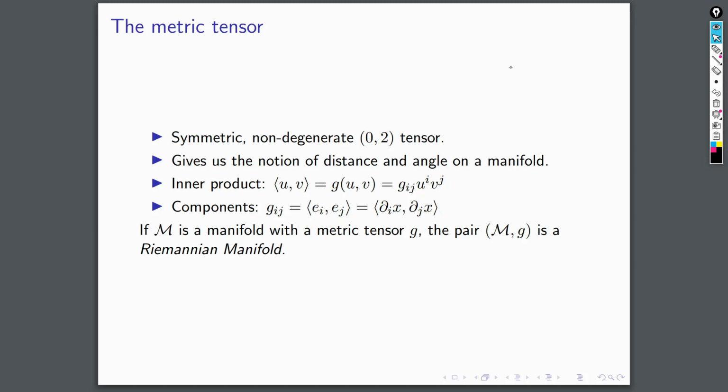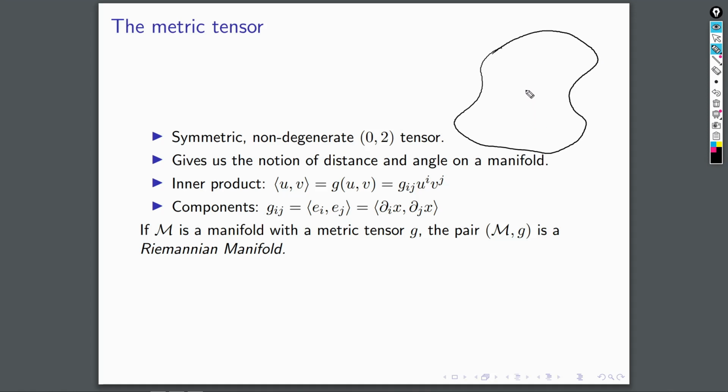Okay, so now we're going to talk about the metric tensor. So basically, when you have a manifold, you can take a point on the manifold, and there's a thing around that point called the tangent space.